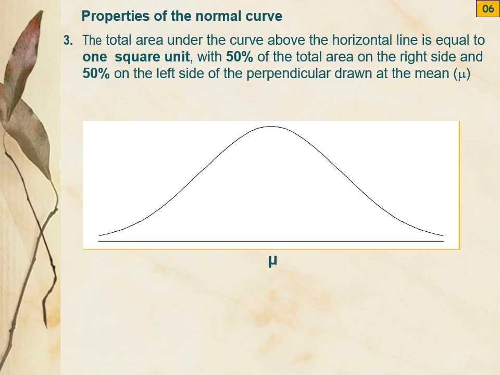That is, if mu is here and you draw a perpendicular here, then 50% of the area is on the left side and 50% on the right side. This is the third property of the normal curve. Because the total area is 1, there is 0.5 to the left of mu and 0.5 to the right of mu.